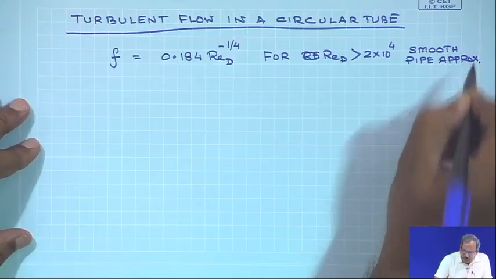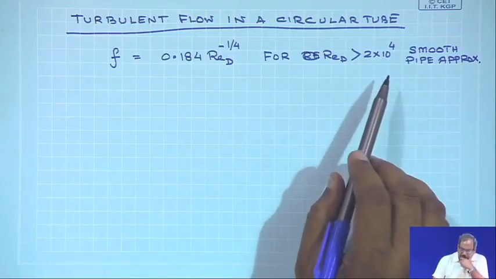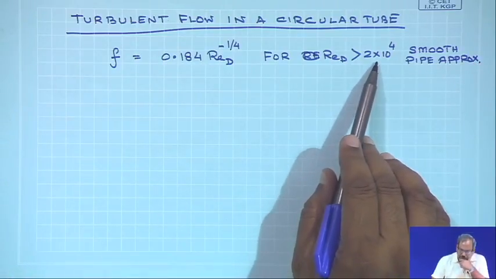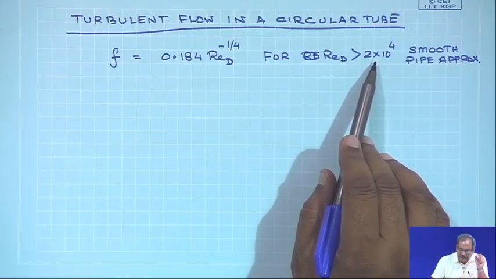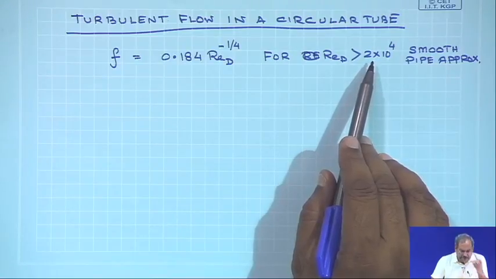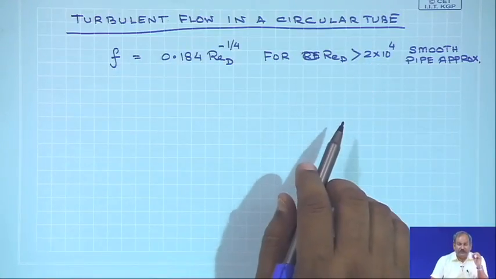and I have also told you that in the case of turbulent flow, the flow conditions are affected less in the case of when you have roughness in the pipe.